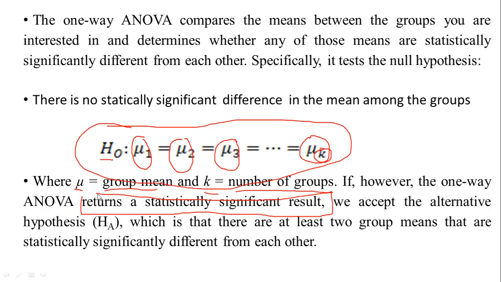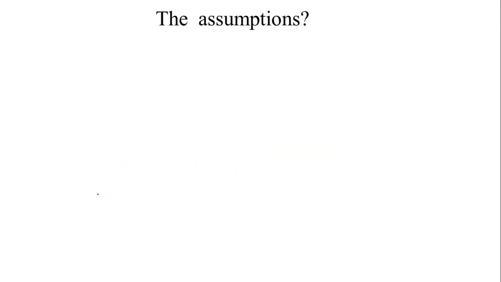As for all the tests we have in statistics, there are assumptions, and if one violates these assumptions, it will be very difficult to give valid results. So what are some of the assumptions considered in ANOVA?